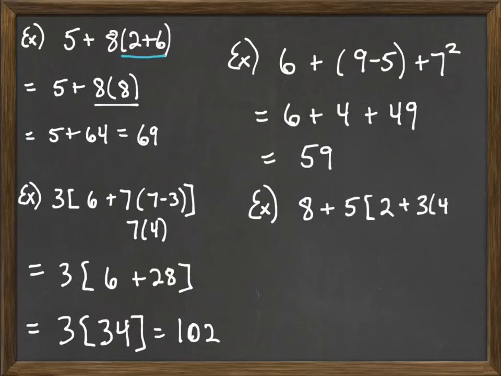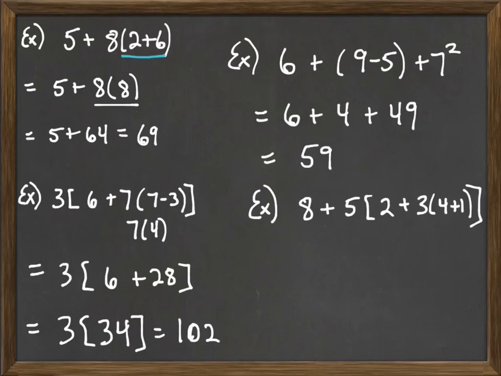Okay. One more example in this video. We have 8 plus 5, bracket, 2 plus 3, parentheses, 4 plus 1. Again, just like before, I can't do that 8 plus 5, I can't do that 2 plus 3 yet, because the 5 and the 3 are both involved in multiplication.